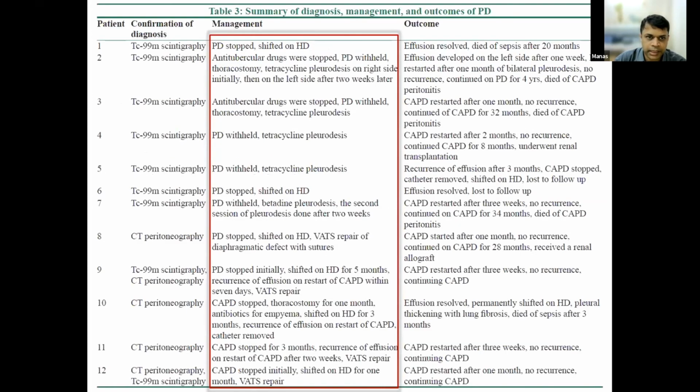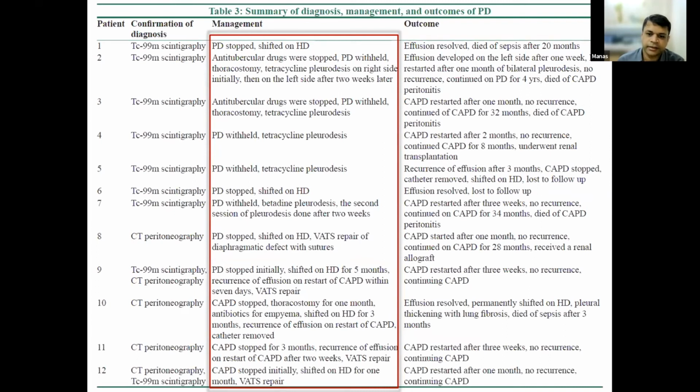In our cases, as we can see from case 1 to case 12, cases 1 to 7 were before 2001 or 2005. Mostly we stopped the peritoneal dialysis, and we tried either wait and watch, permanent shift to hemodialysis, or tetracycline or betadine.